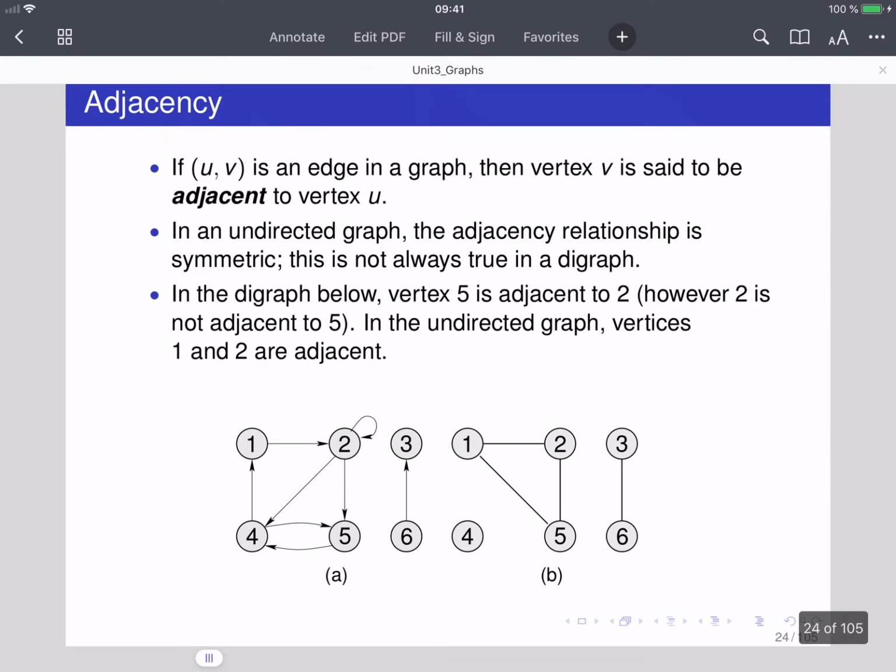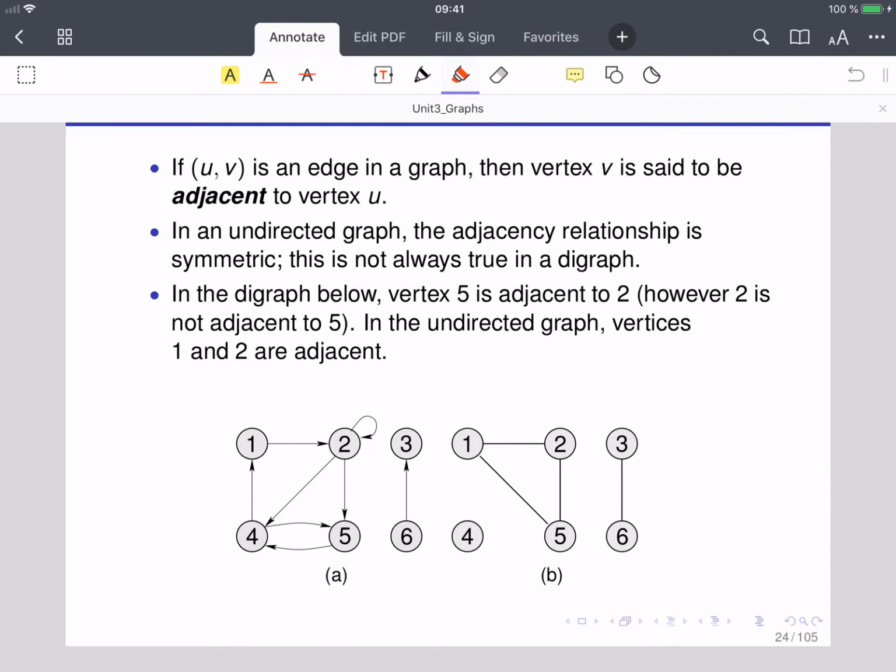Okay, so the first thing that we need to define is what we call adjacency. Imagine that we have a graph, either directed or not, and we have an edge in this graph. This edge is UV. It goes from U to V if it is a directed graph, and it goes from U to V and from V to U if it is not directed.